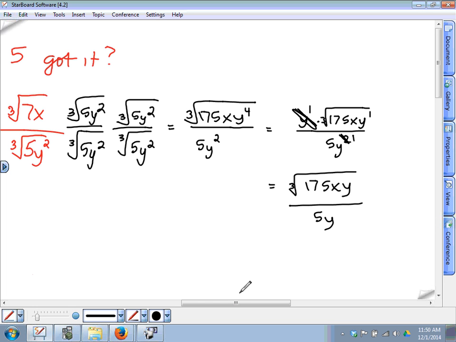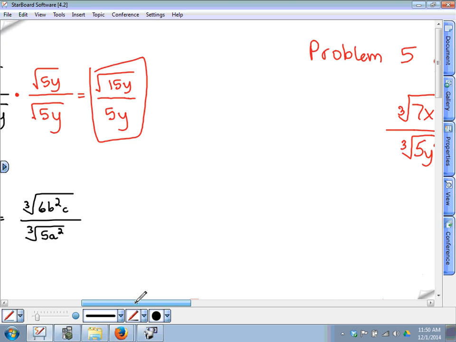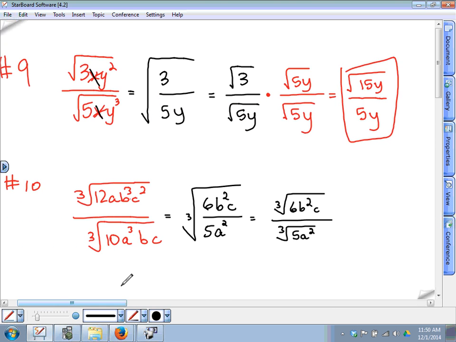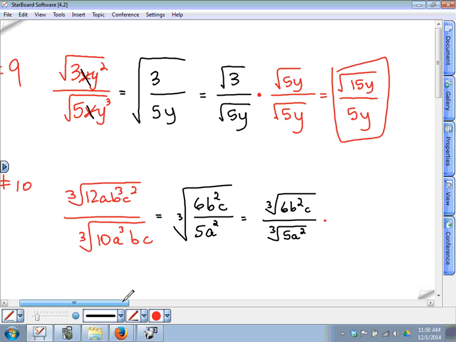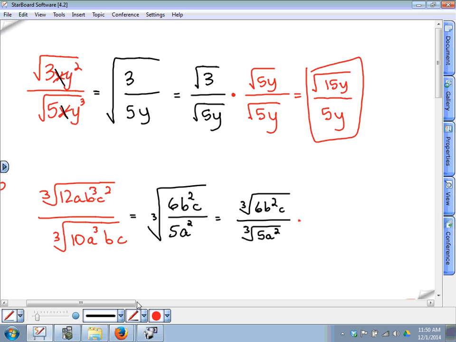So let's go back to the problem we were trying to work on before this one. Because right now we have a cube root of 5a squared on the bottom of this fraction. What do we multiply by to get rid of the cube root of 5a squared? Just the cube root of 5a squared? You got to go twice.